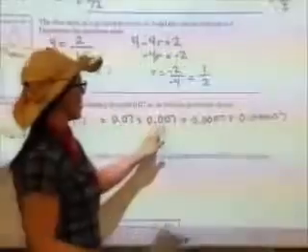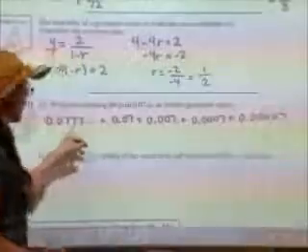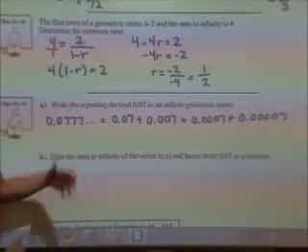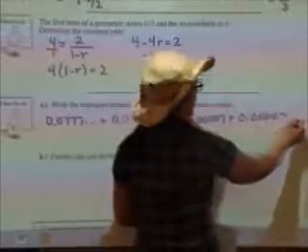So if I add all of these terms together, I'm going to get this 0.0777 repeating.